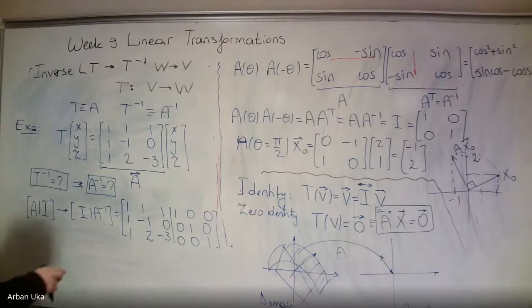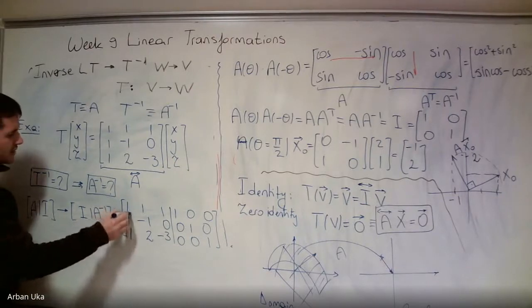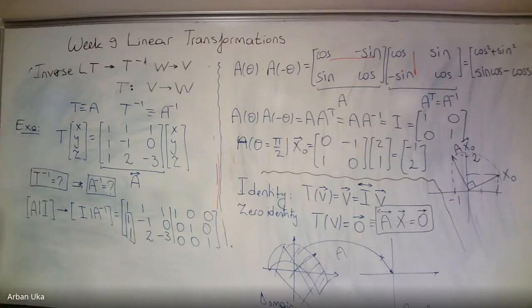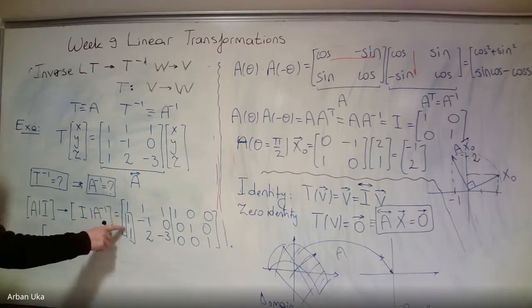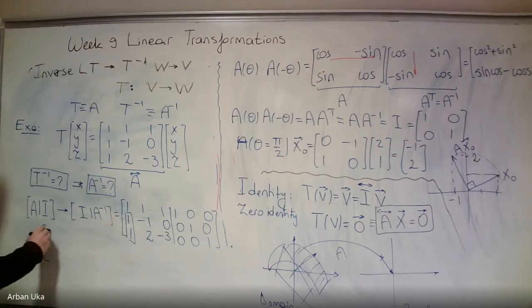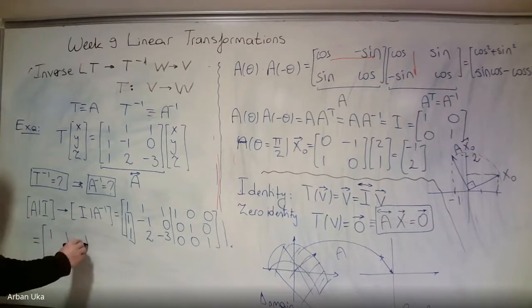What we could do is that we want to make these elements here 0, so we can subtract the first row from the second row, and from the third row, because we can easily make these two equal to 0. So we get here 1, 1, 1, 1, 0, 0, nothing changing here.